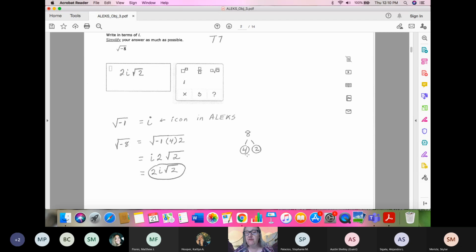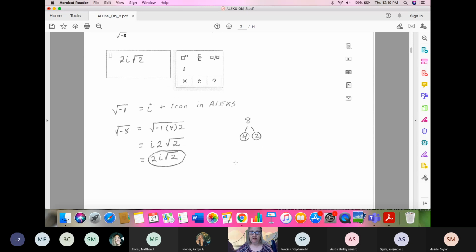We can take the square root of 4 easily. It's 2. So you can break it down to here, or you could go further and break this 4 down into 2 times 2 if you want to. So it's up to you how far you go with that factor tree.